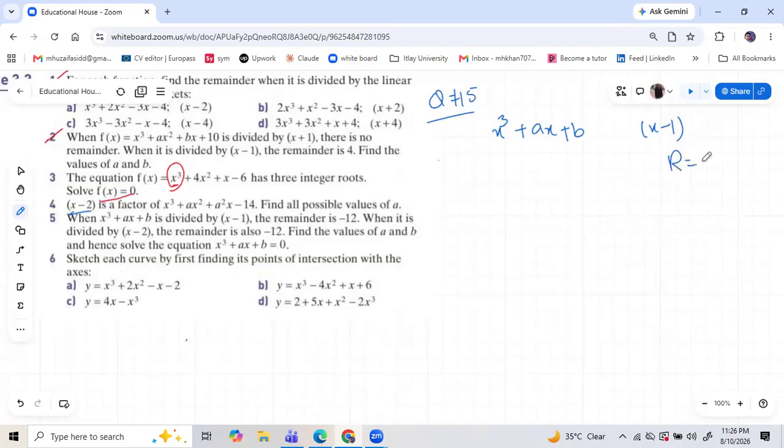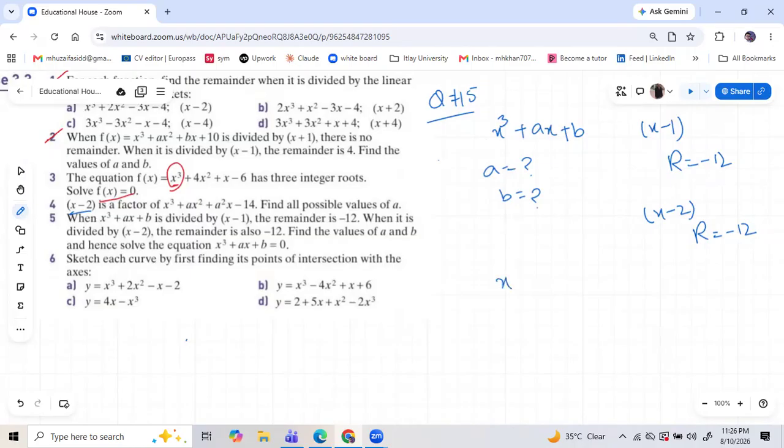And when it is divided by x minus 2 also, the remainder is also minus 12. Find the values of a and b and hence solve the equation. So we are finding the a and b values. Then our last target is to put our a and b values in that equation, and then we can solve it. But before this, look at it here.